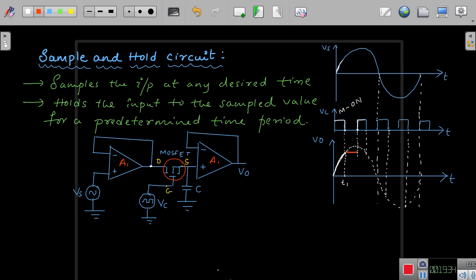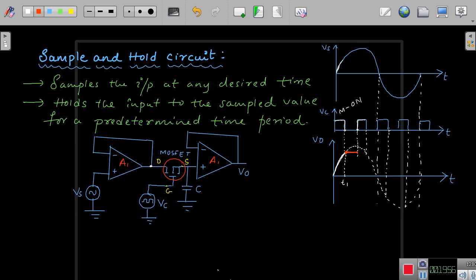Up to this instant, the input value will be held. Then suppose after this, this is the value which you want to hold up to this period.